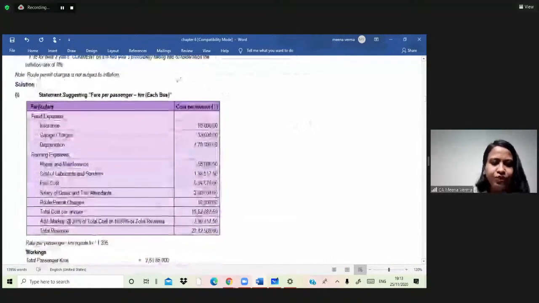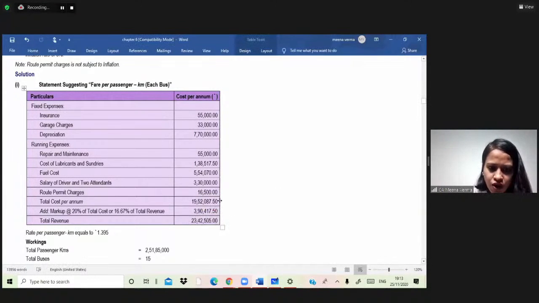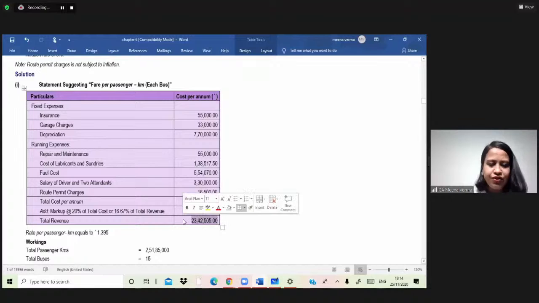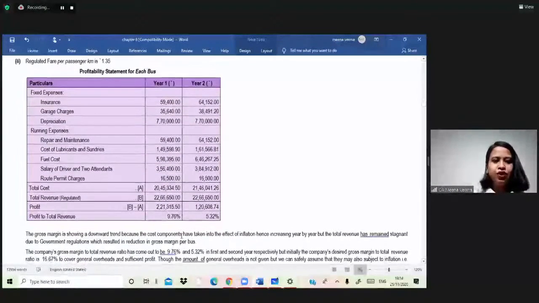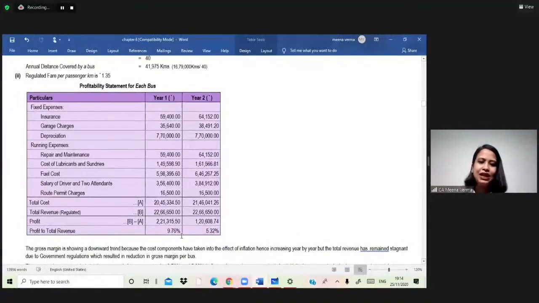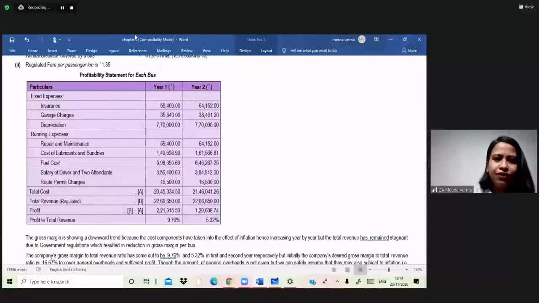Now see. I hope your answer is the same as written here. They have given you the total revenue. We have calculated the total cost per annum. In that, we have added the 20% markup, and from there we get this total revenue value. Now, after considering this total revenue, what will we do? We have to calculate the same value for the next 2 years, but we will consider 8% inflation.